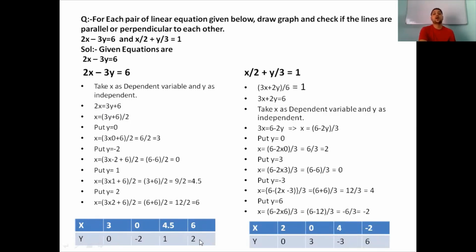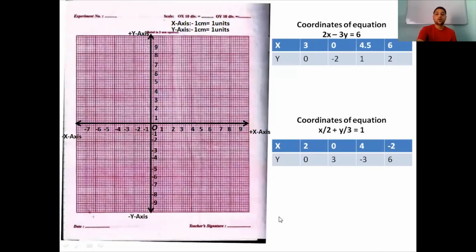So we have points for your Cartesian plane. Understand? Now what we have to do here? We have to represent these coordinates on this graph here.